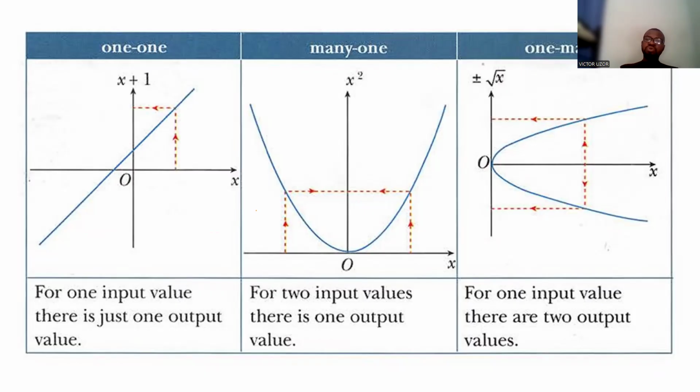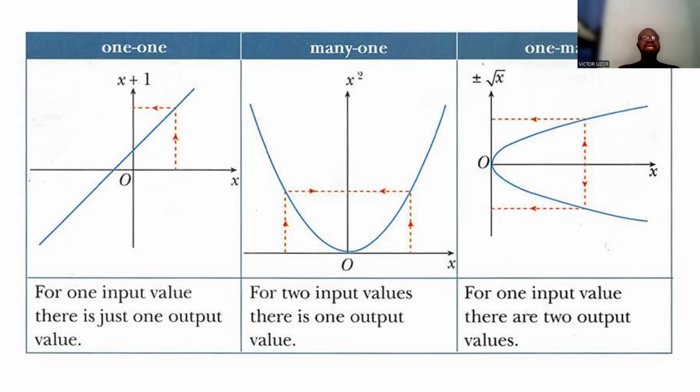The last one we are going to look at is one to many outputs, for example the square root of any number. The square root of 9 is negative or positive 3, meaning that one input gives you two answers. It's important to know that one to many is not a function, it's just a mapping or a relation.